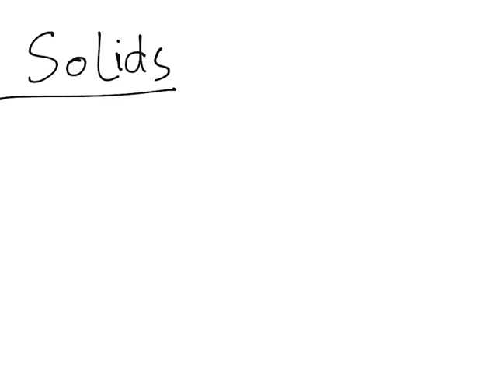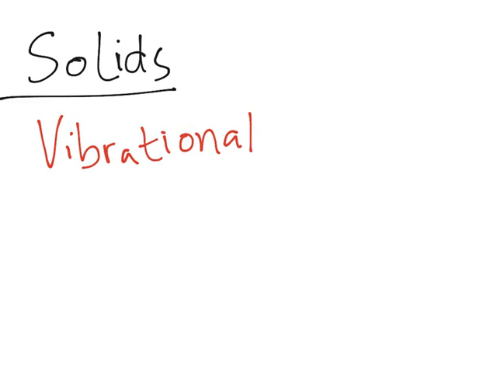So we first mentioned solids. We said that solids have a degree of motion called vibration or vibrational. And what really is happening is that the molecule is stretching. When I drew this before, solids are all encompassed together, so all they can do is vibrate.